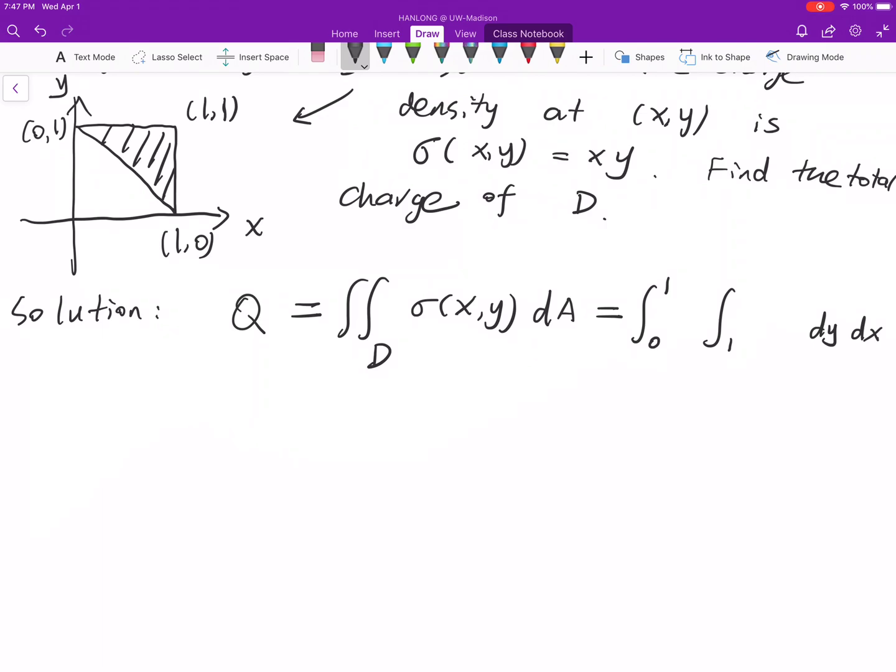And then for y, you see, for fixed x, the y is bounded by two functions. So the top one is y equals 1, so h2(x) equals 1, and then h1(x) for the lower boundary is given by 1 minus x.